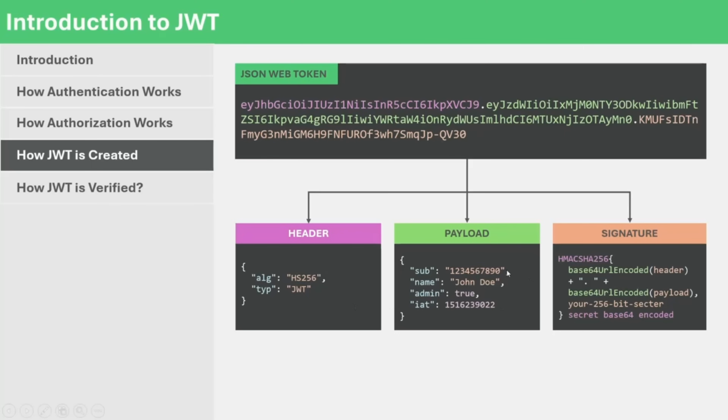Now in this payload, you can have as much information as you want. So the more data you encode in the payload, the bigger the JWT will be, and also it will be more secure. But you also need to understand here that whatever we encode in this payload, whatever we specify in this payload, that can be decoded. So you need to make sure that you do not use any sensitive data in the payload, like the password.